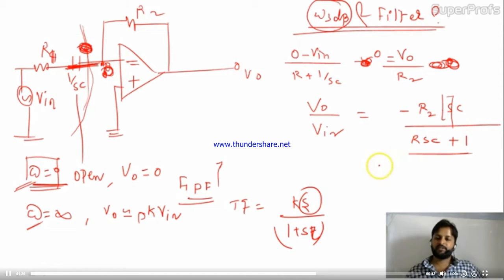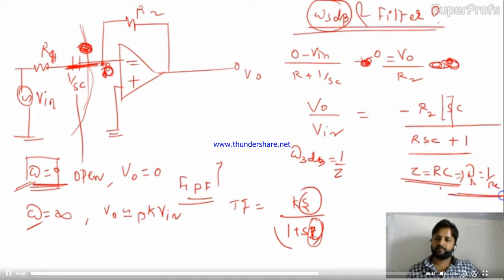We have seen earlier that the multiplier of S is nothing but tau. Over here the tau is RC. They are asking omega 3 dB, which was 1 by tau. So in this case omega 3 dB will be 1 by RC. Is it okay friends?